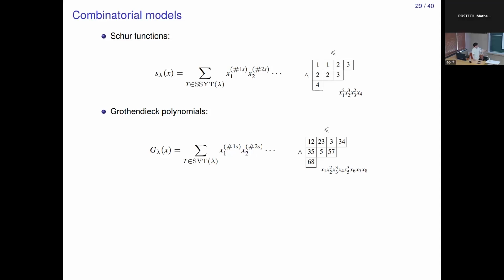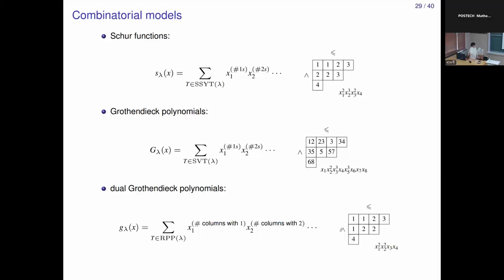So if you don't allow more than one element in each set, it is exactly like this. And dual Grothendieck polynomials are the generating function for what's called reverse plane partitions, but it's quite similar to SSYT, except in both directions, weakly increasing. But the weight is a bit different.